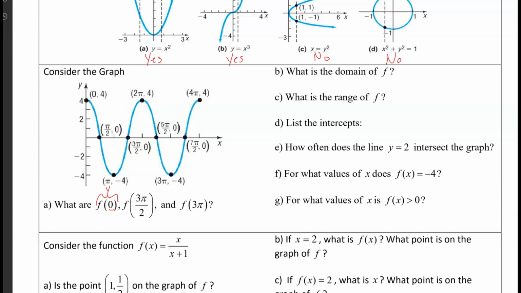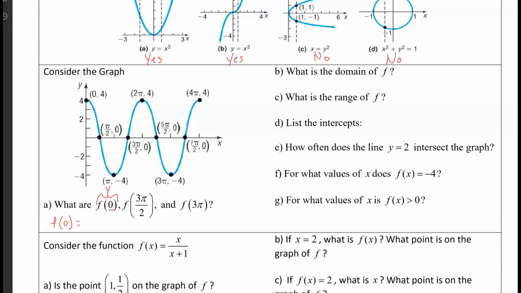So what this is asking is, when x is 0, what is the y value? Four. Yes, good job, guys.